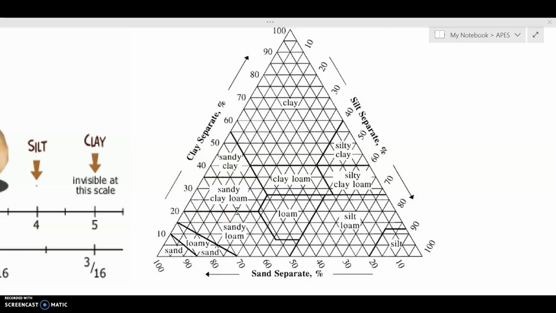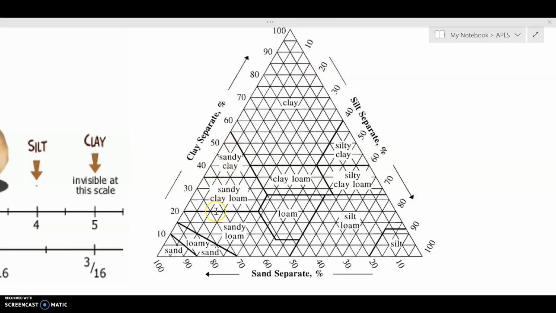So it would be 60 plus 20, which is 80. Subtract that from 100, and that leaves you with 20. Because of course, if you have 20% clay, 60% sand, and 20% silt, that would make 100%.